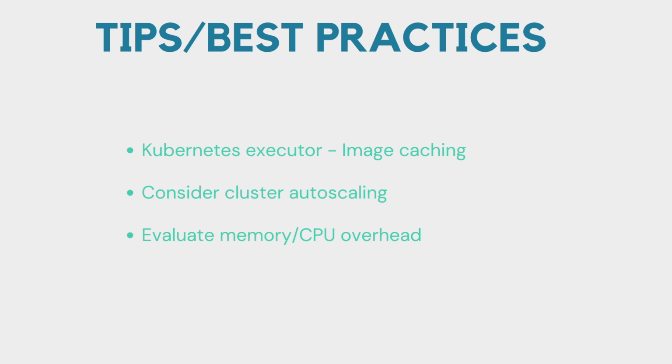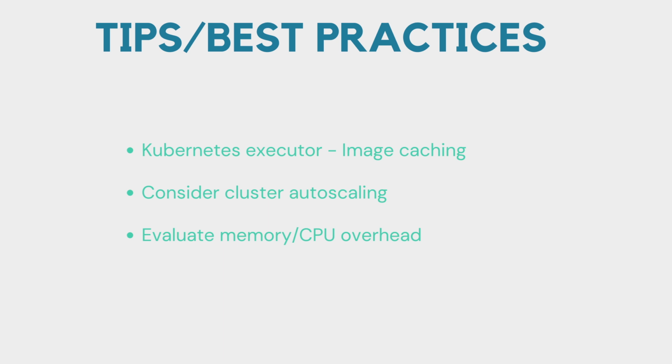If you rely on Docker images for each task, consider caching or using if-not-present pull policies to reduce overhead. If you want ephemeral pods for truly separated tasks, Kubernetes Executor is great, but be sure to watch concurrency settings. On the other hand, Celery can be very simple if you don't need strict isolation.